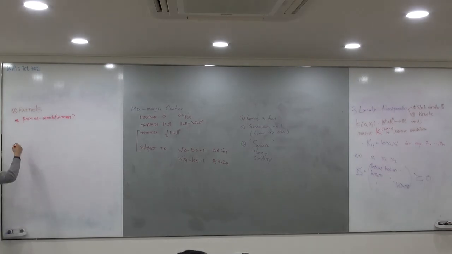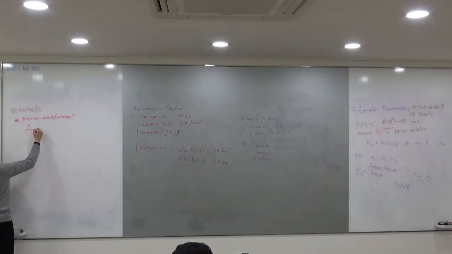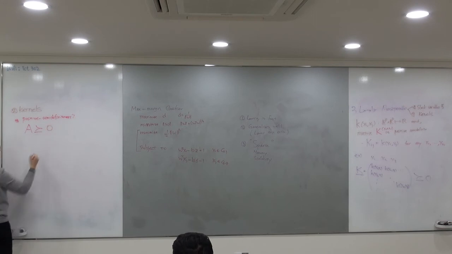What is positive semi-definiteness? If a matrix A is positive semi-definite, we use this kind of symbol.